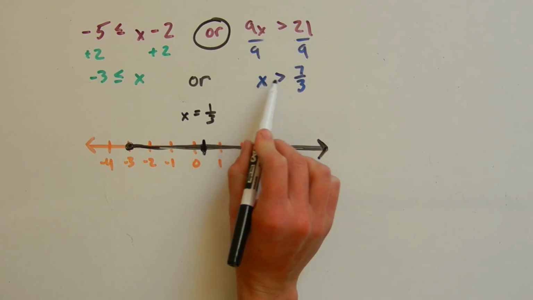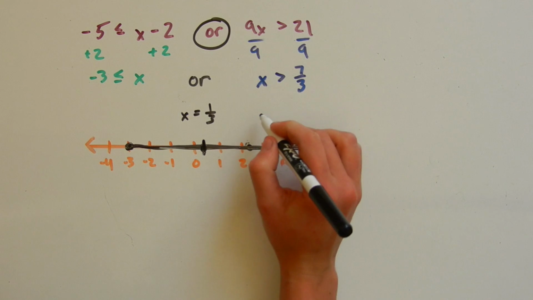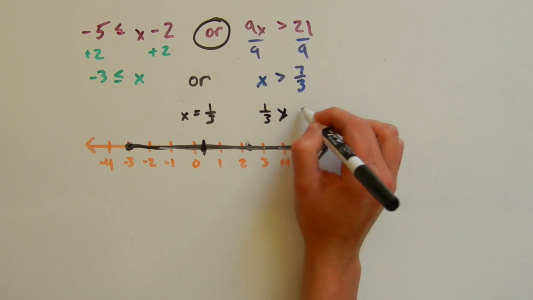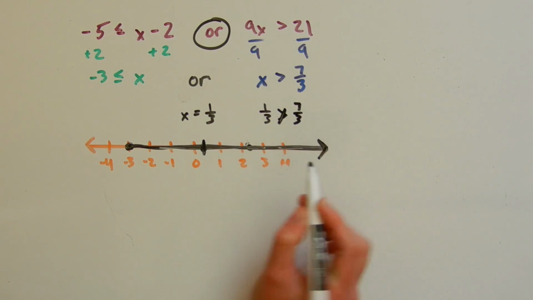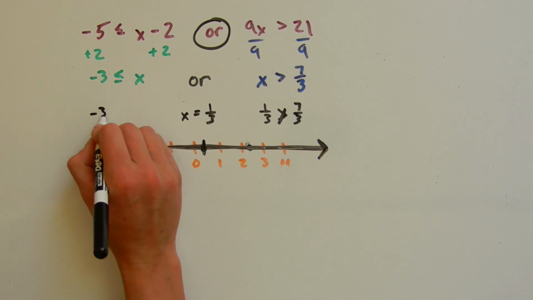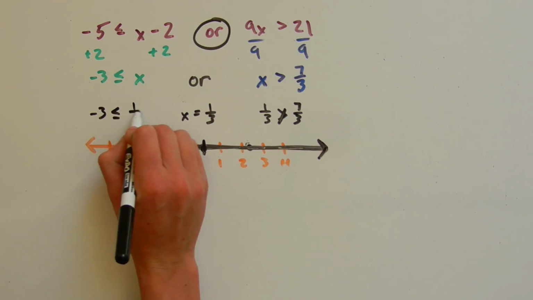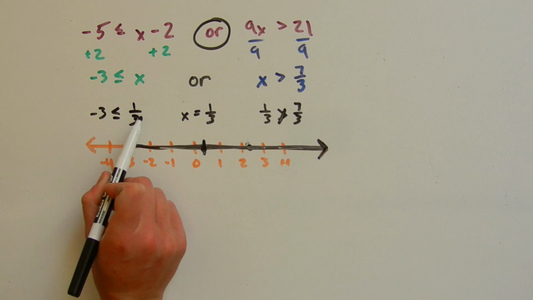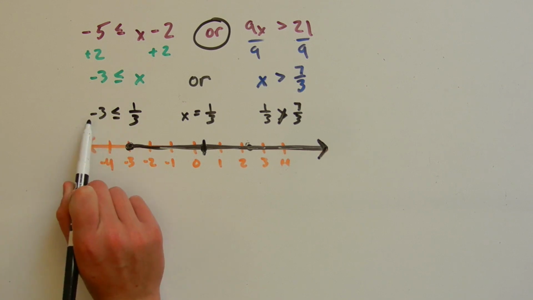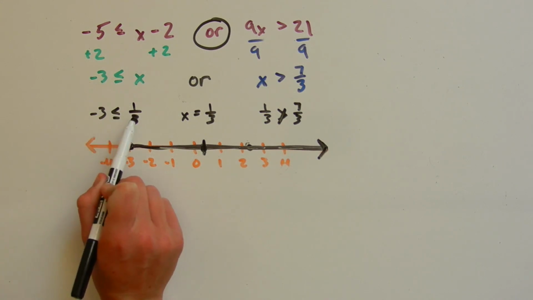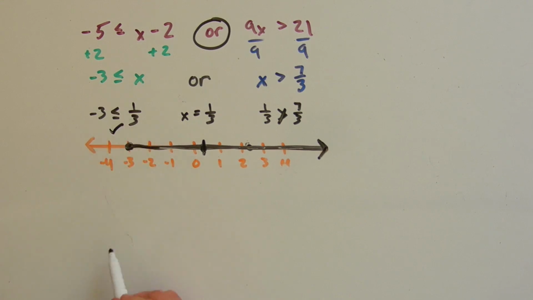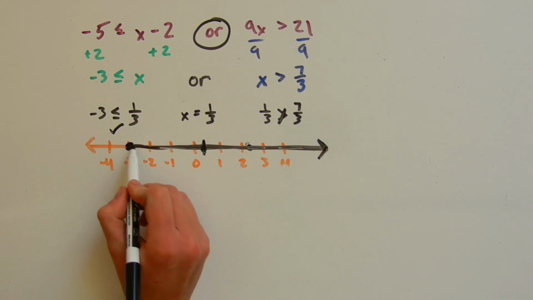We know that 1/3 is not greater than 7/3, but we know that 1/3 is greater than or equal to negative 3. So negative 3 is less than or equal to that 1/3. So this inequality still holds true.